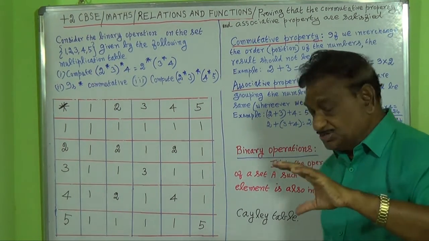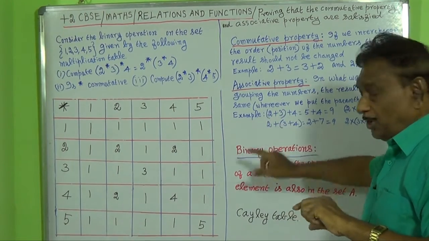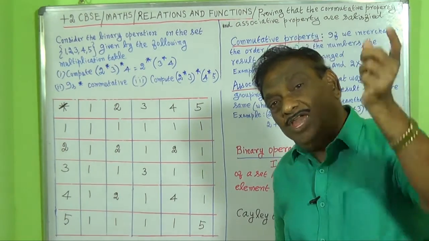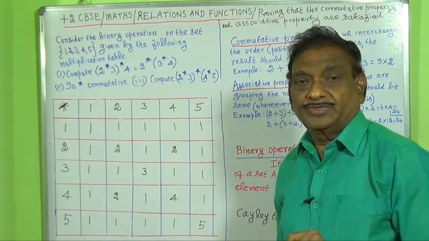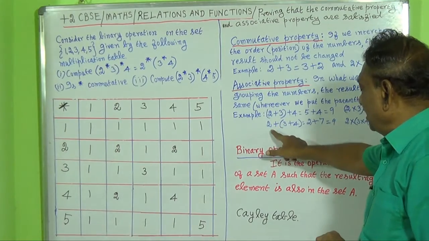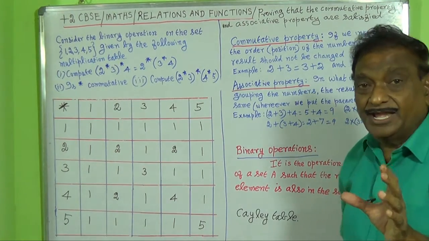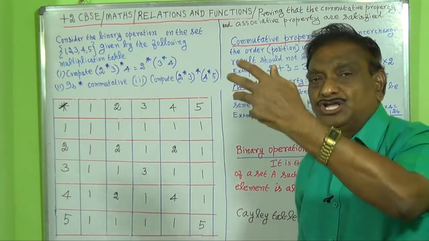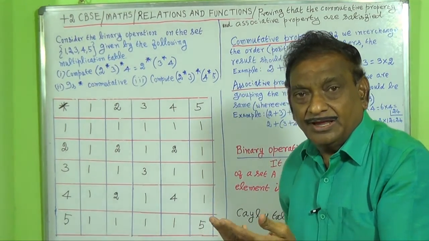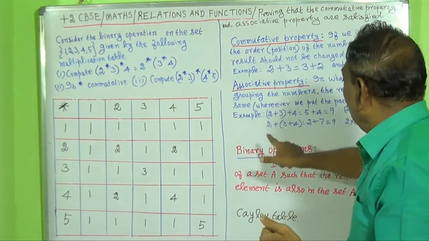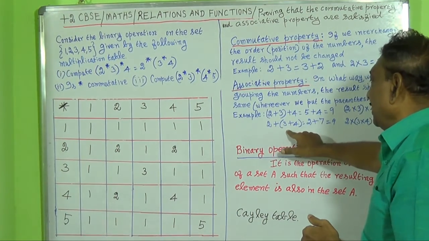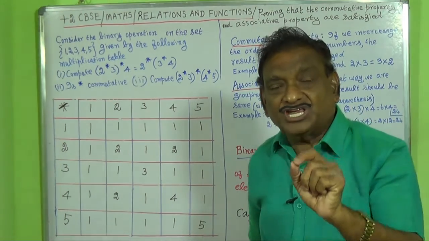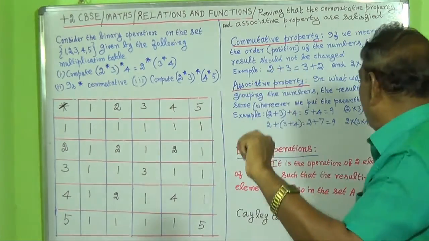In the first case, we have grouped the numbers 2 and 3, and then we add the number 4. In the second case, we group the numbers 3 and 4. After adding these two numbers, we add 2 to the result. If we add 3 and 4, we get 7.